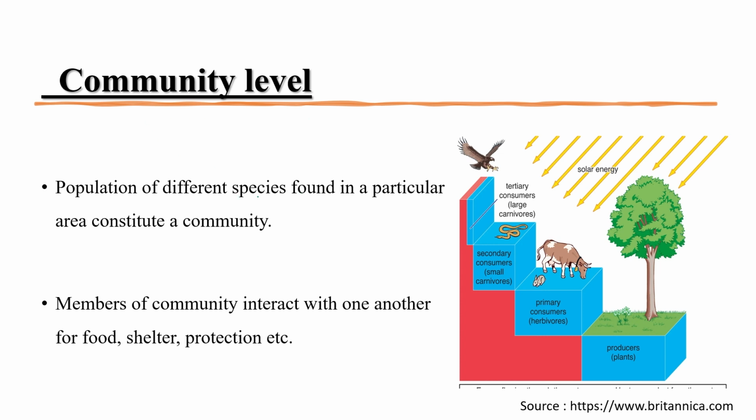It means populations of different species found in a particular area. As you can see in this particular picture, this is an area. There is a population of snakes, there is a population living over here, different cattle, different plants, trees, and birds, but they all live together in a common area, right?